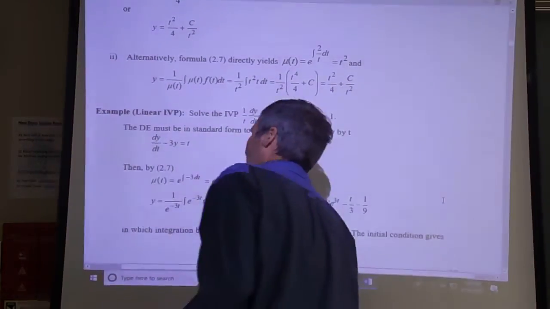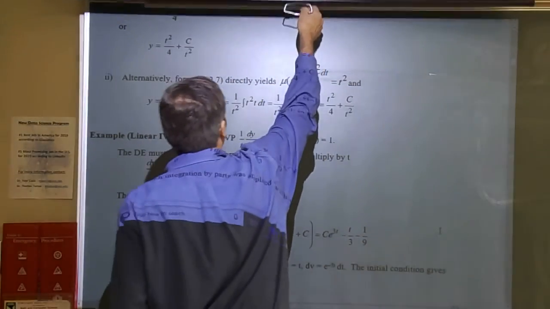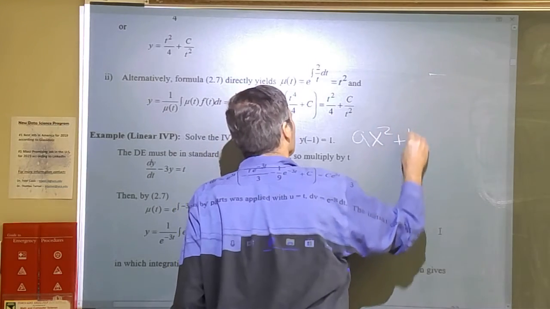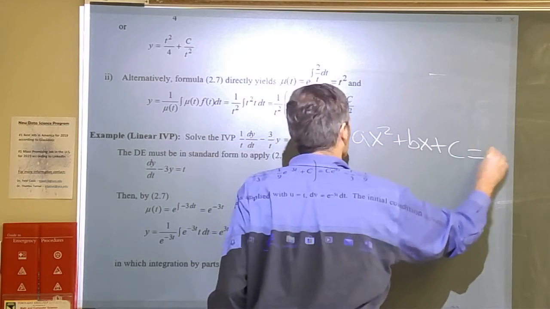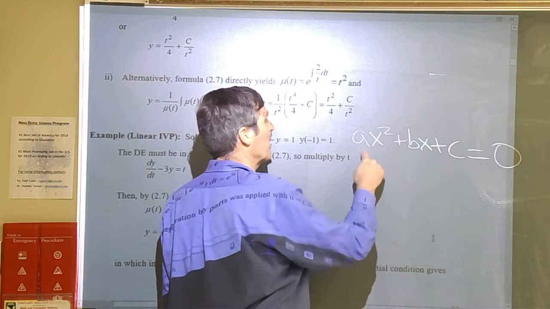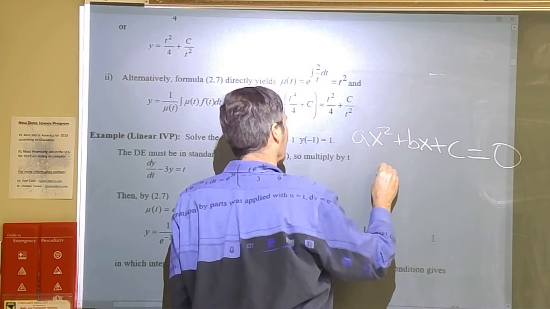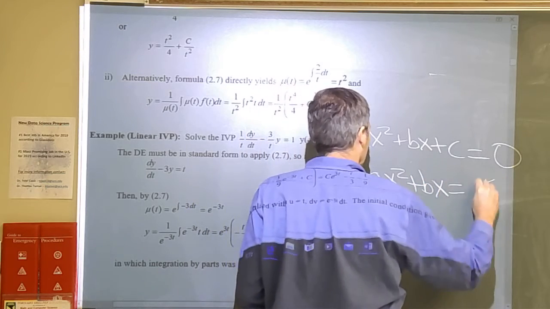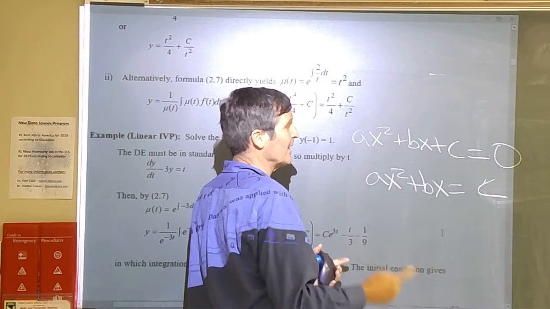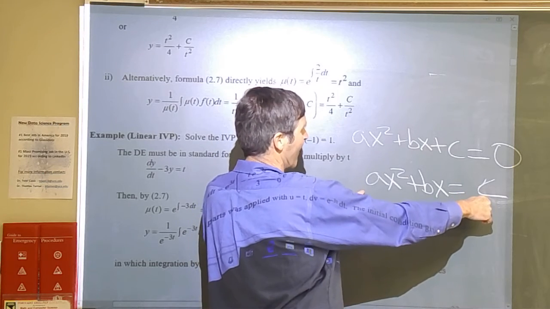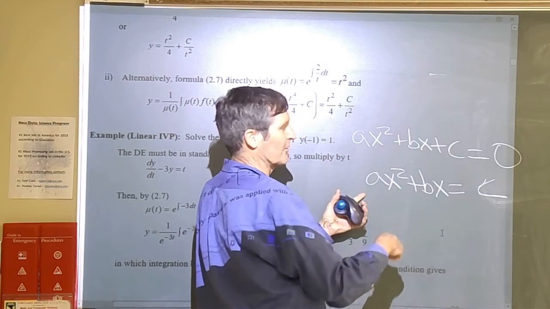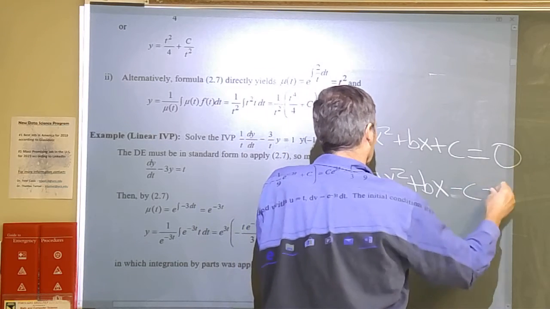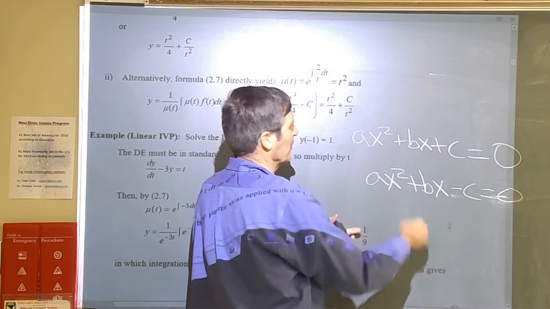let's write this quick warning out here about going straight to the formula. As in algebra, you had ax squared plus bx plus c equals 0. You could apply the quadratic formula to that by putting a, b, and c in. But if you had ax squared plus bx equals c, it was easy to accidentally put this in for c and get the wrong result out of the quadratic formula, because when you subtract it over, now it's minus what it was on this side, you get the wrong answer.